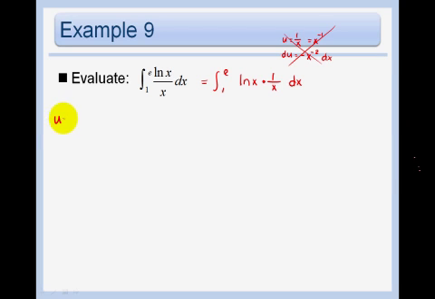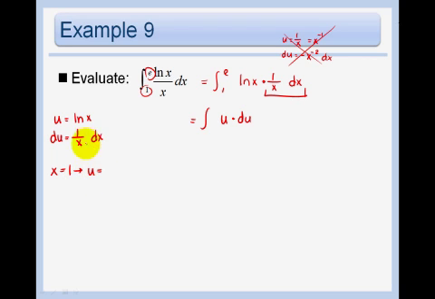But if I let my u be ln x, then the derivative of ln x is 1 over x dx, which I do see here. Perfect. Okay, gonna leave off my bounds for a second. I get u times du. Couldn't be nicer for you. All right, these are our bounds. Let's play with them. If x is 1, then u equals ln of 1, which is 0.